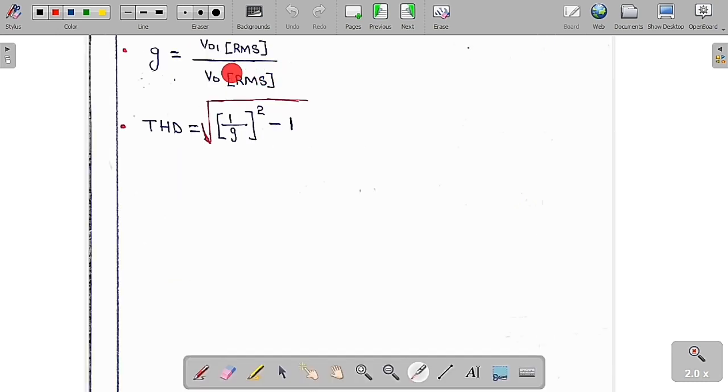G is called the distortion factor, the ratio of the RMS value of the fundamental output voltage to the RMS value of the overall output voltage. We know both, so you can do the division to get the value of G, and also the harmonic factor is the square root of (1 by G) whole squared minus 1. So we can get the expression of each and everything in a very easy format.